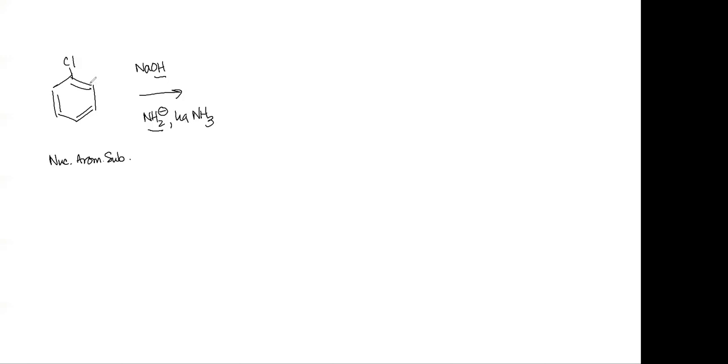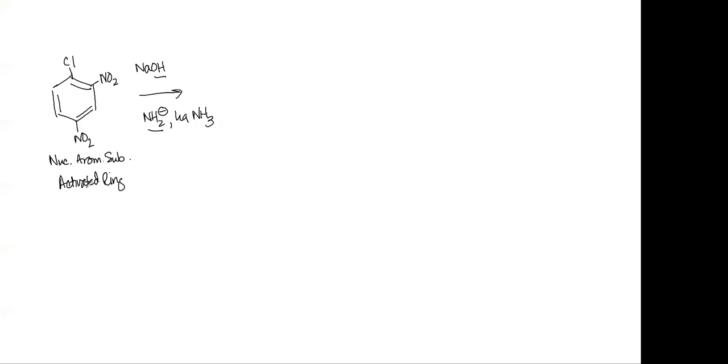In order to make this group activated, I need to put what we learned are deactivating groups on the ring, and I need to put them at the ortho position and at the para position. So this would be an activated ring because it has basically electron withdrawing groups, which is what I need.